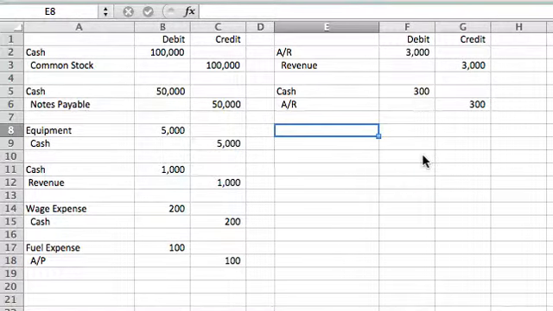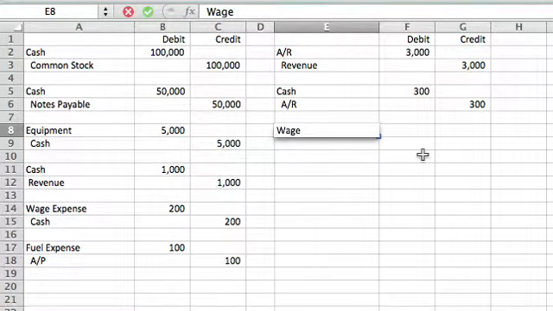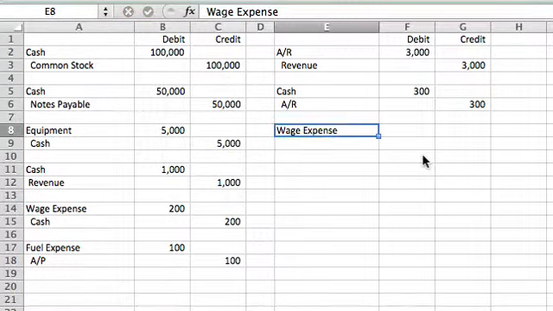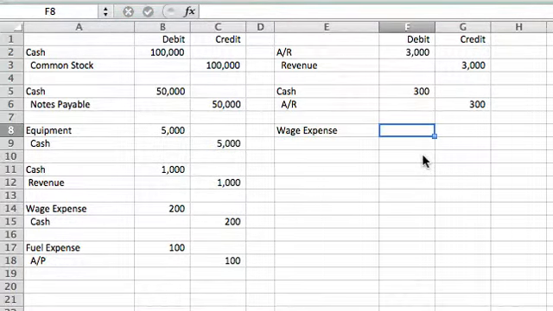The next transaction that occurred was that the company recognized that it had some wage expense that it did not pay for. Any expense, for that matter, will decrease your retained earnings and thus decrease your equity.